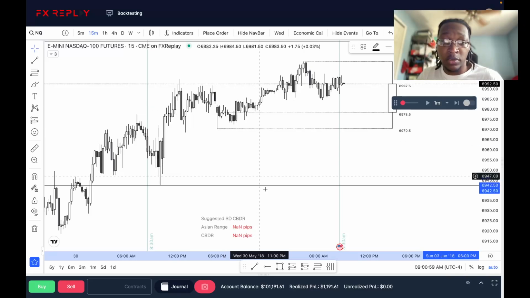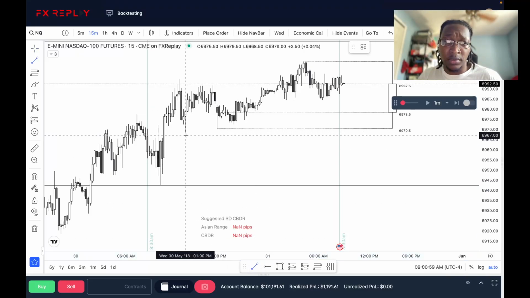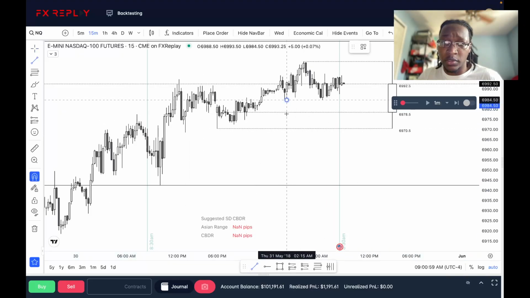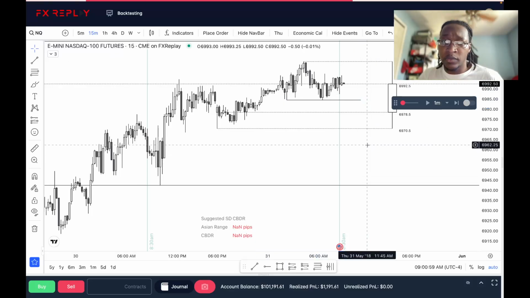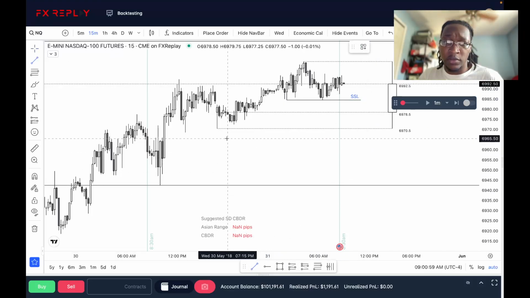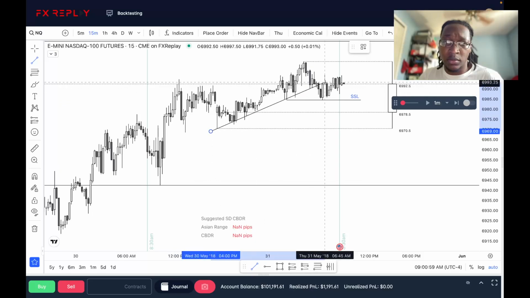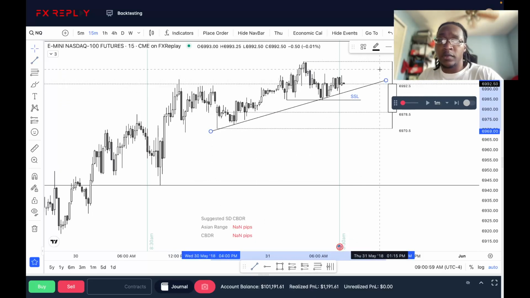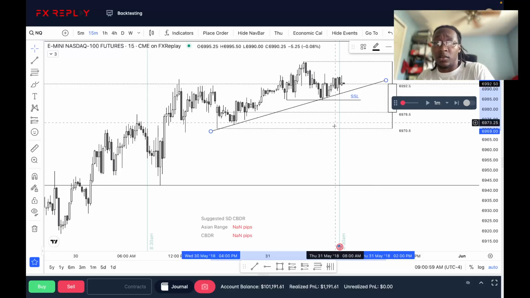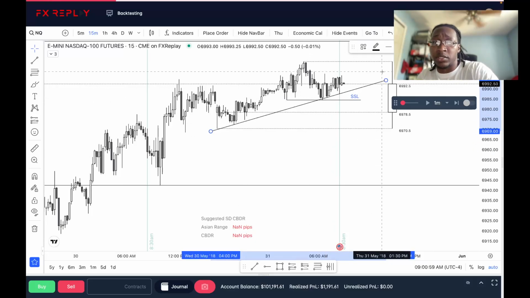Don't know at the moment. Don't really need it either. I'm still bullish. We can run these relative equal lows. We also have some trend line liquidity. I just love trend line liquidity right there. So price can run lower, sweep some sell side, and then push higher for buy side.